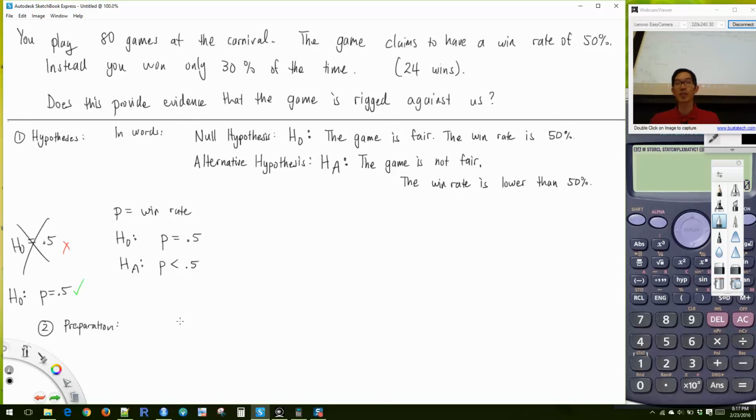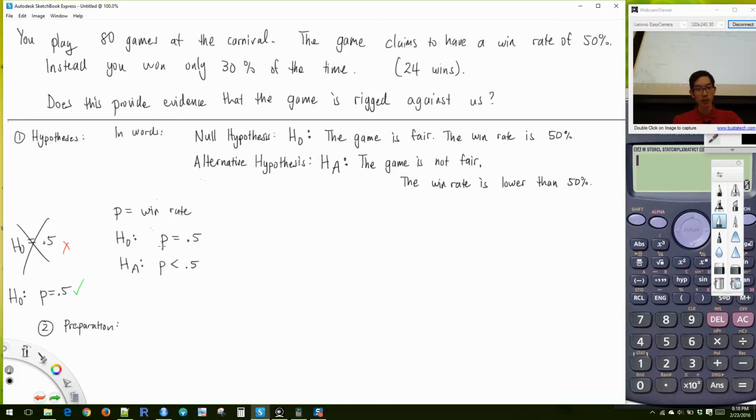If you want to be kind of accusatory, and you're more ready to jump on the claim that it's rigged, then your alpha will be something high. And if you want to be very cautious and not make any false accusations, depending on the situation, we call this either rejecting or not rejecting the hypothesis, you might want to choose a small significance level.